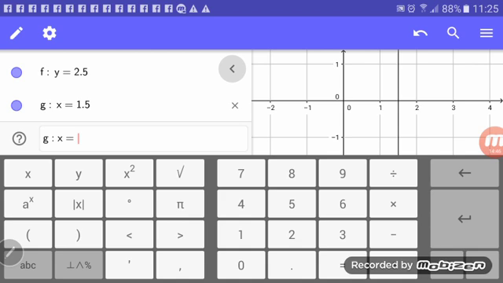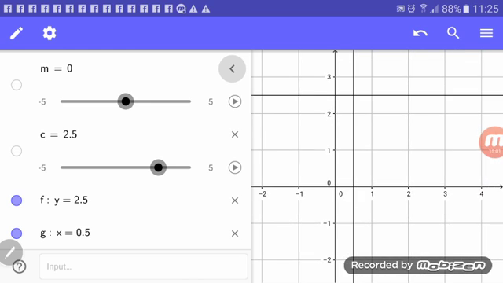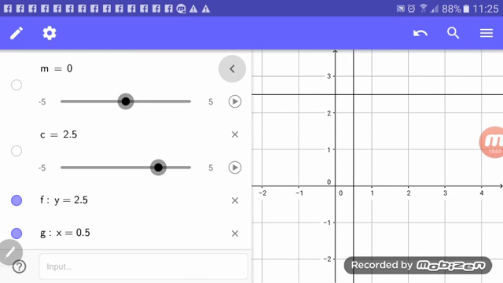If I say it's equal to 0.5, can you see it shift all the way to 0.5 or halfway? So it's the same kind of thing, it just moves.